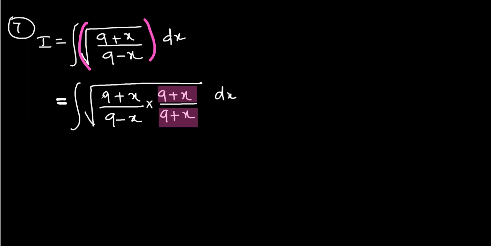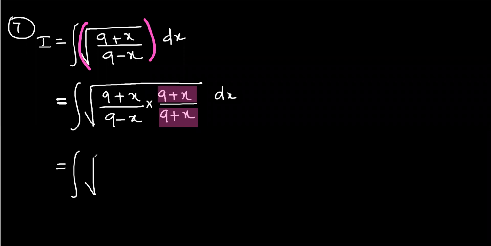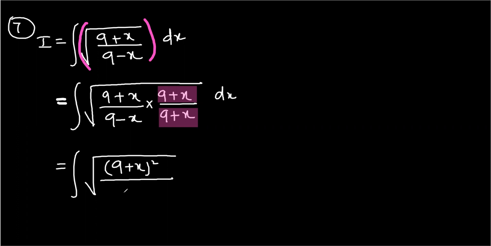This gets me the numerator a complete square. This gets me the numerator 9 plus x the whole square, whereas the denominator gets me 9 square minus x square. A minus b into a plus b, you know, a square minus b square. So I get 9 square minus x square dx.